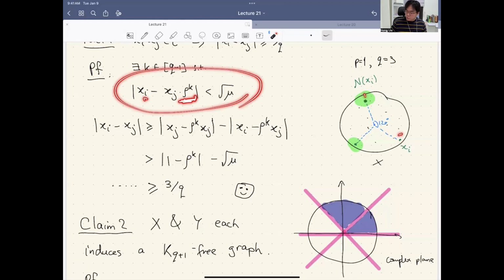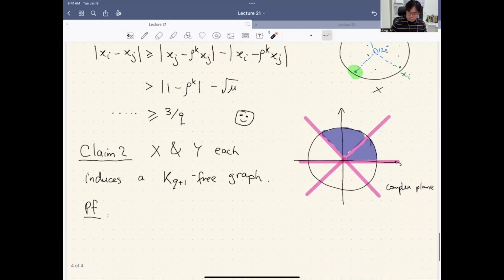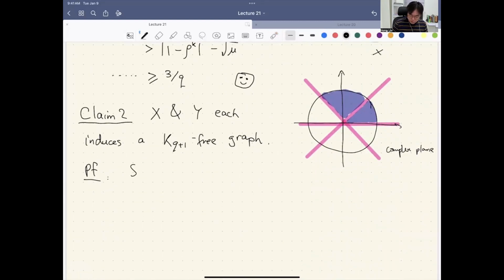Then by pigeonhole, if there are 4, two of them must be very close, contradicting this fact 1. Okay? So suppose we have x_{i1}, x_{i2} up to x_{i,q+1}. By rewriting the indices, let's just suppose x1 to x_{q+1} induces a clique, for contradiction. Okay, then what do we know?